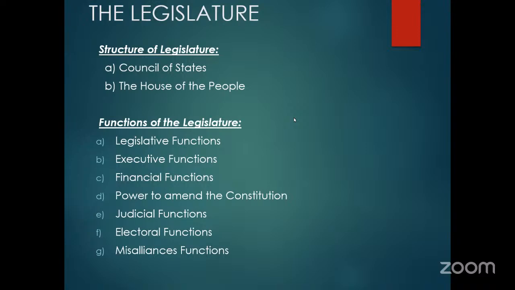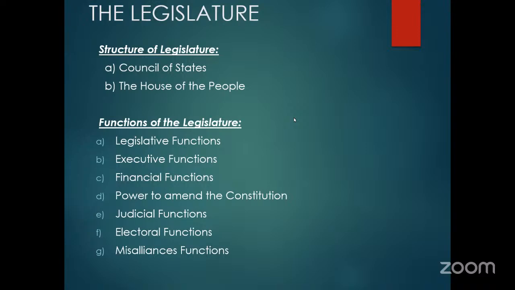Then there is a third type: special majority with consent of half of the state legislatures. First one, simple majority. Second one, special majority. And third type is special majority, but with consent of half of all state legislatures.